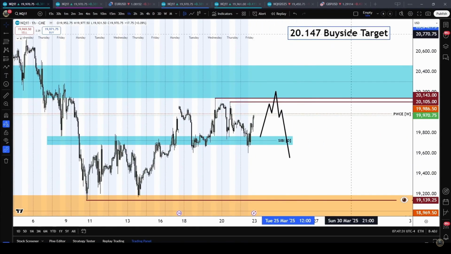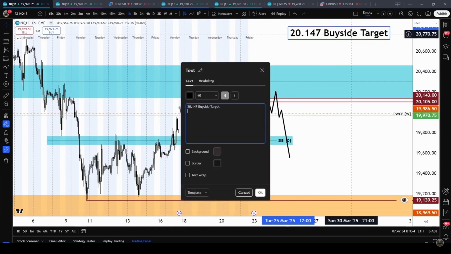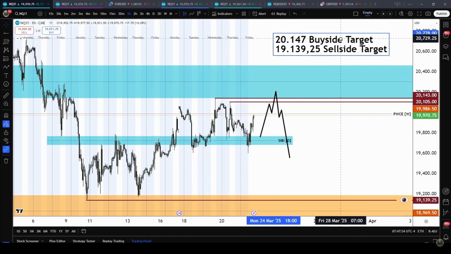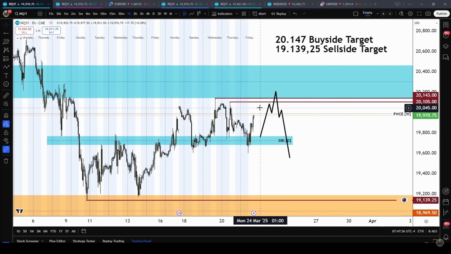And a sell side target, which is 19,139.25. Okay, put it over here. So this is what I expect for this week.